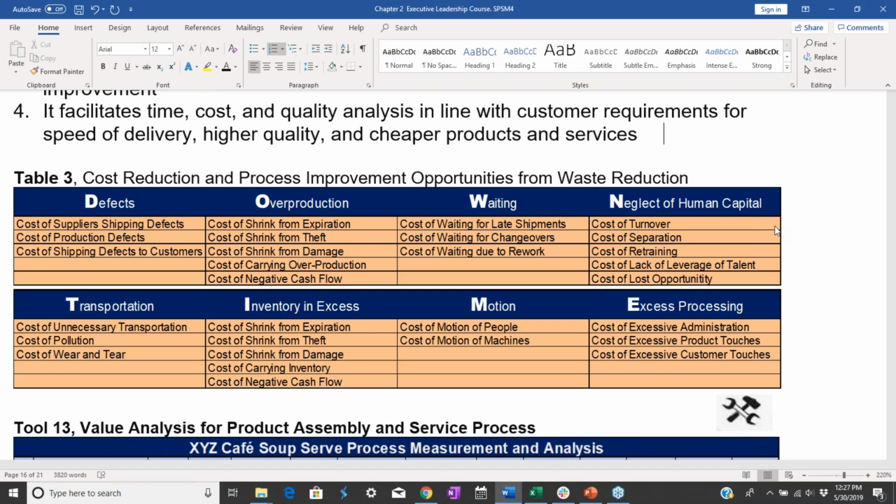Every time I've done this type of analysis with different types of processes, I get different readings in terms of the quantification of the waste categories. Because you have some companies that are very good at not shipping defects, but when you look at their processes, they're constrained with the other waste categories.